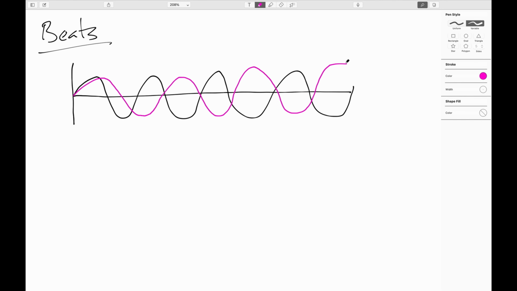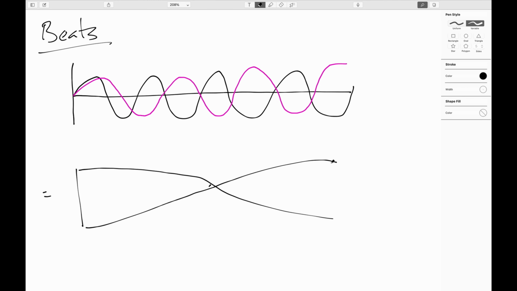Here I'm greatly exaggerating things, because what I'm trying to show is that here we would be having constructive interference. So if I were to add the 2 waves together over here, the envelope that the waves would stay in would be rather large. Then right about here is where it would go destructive.